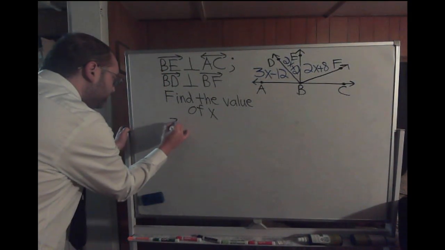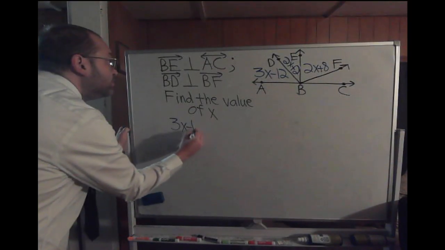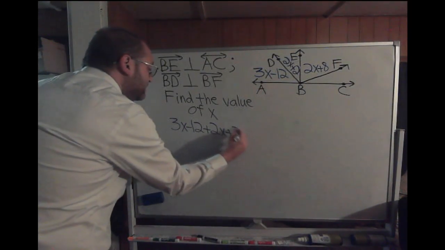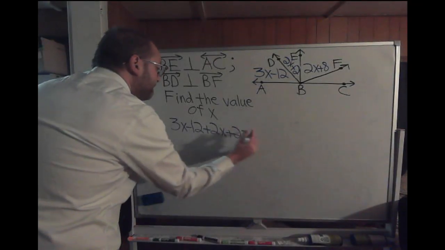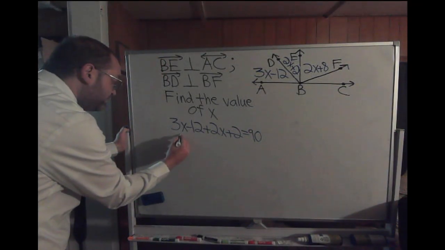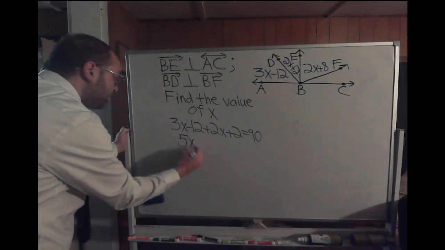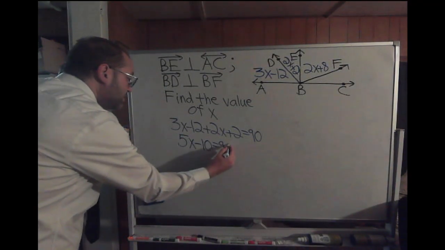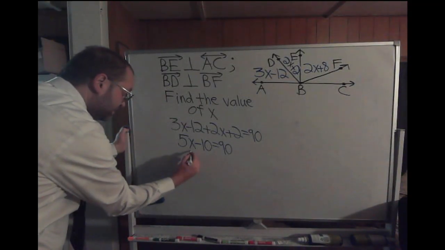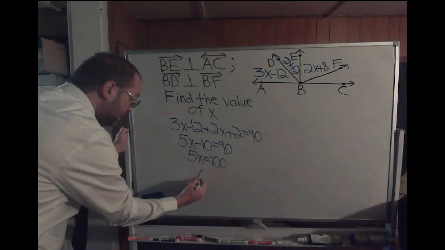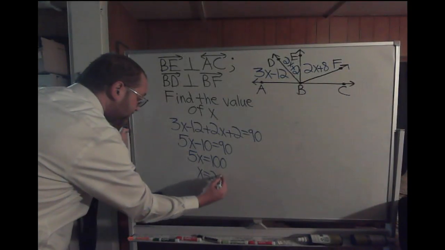So we have 3x minus 12 plus 2x plus 2 equal to 90, which simplifies into 5x minus 10 equals 90, which means 5x equals 100, which would mean that x equals 20.